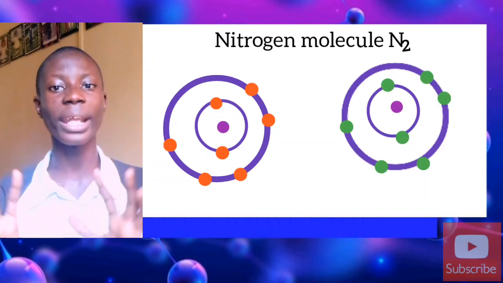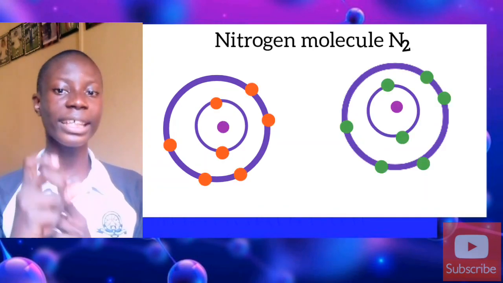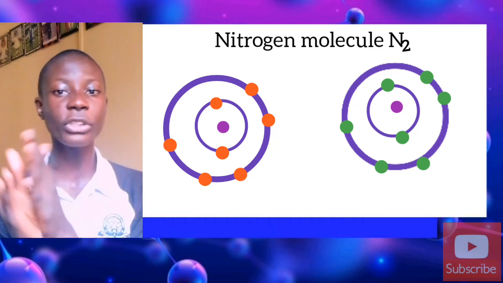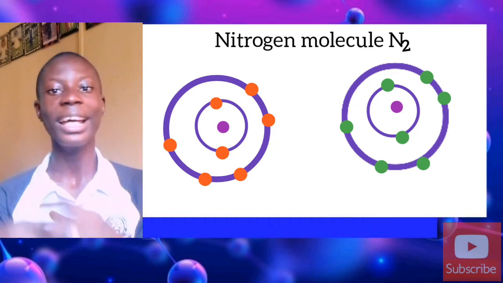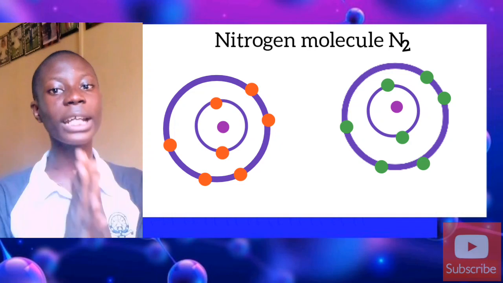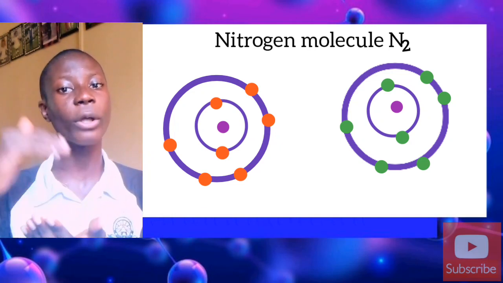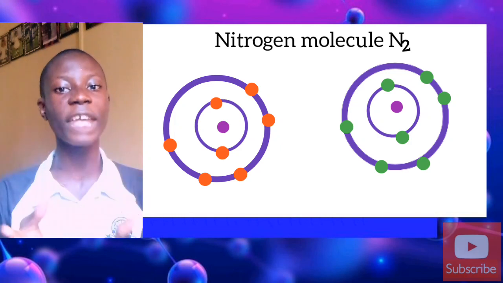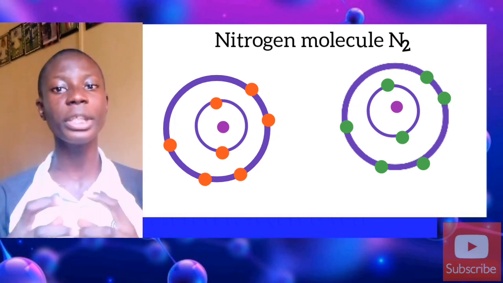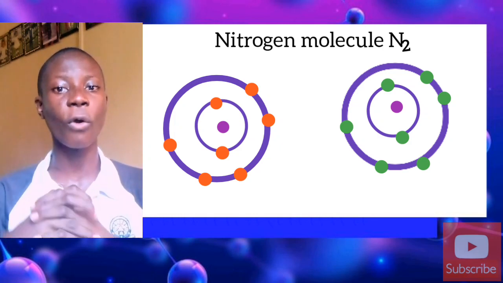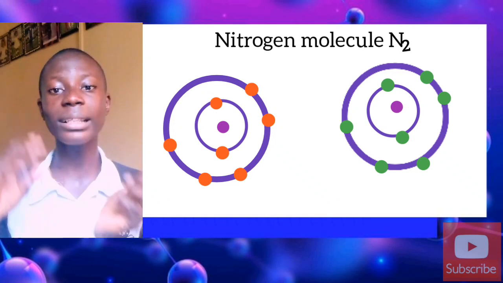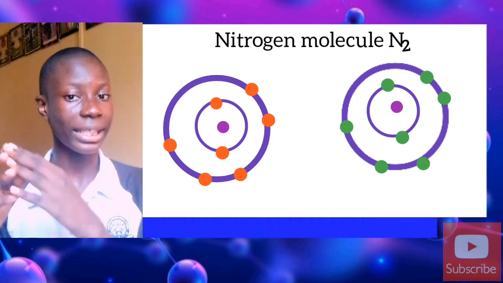Now let's go to an example of a triple bond. You can see in the nitrogen molecule, which is also diatomic, that for one nitrogen atom to form a stability, it has to be up to 8. Since there are 5 in its outermost shell, it needs 3 more electrons to form a stability. The other atom is also the same.